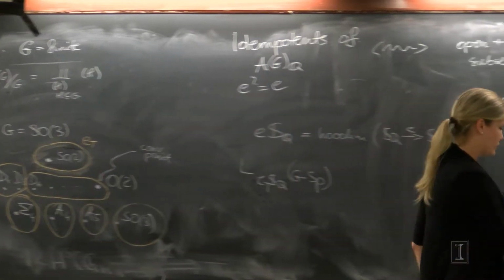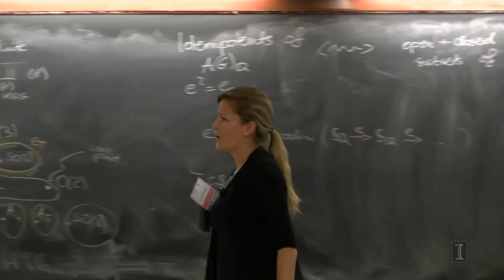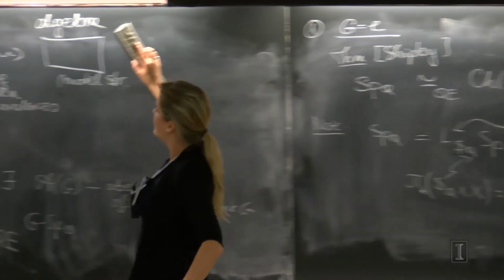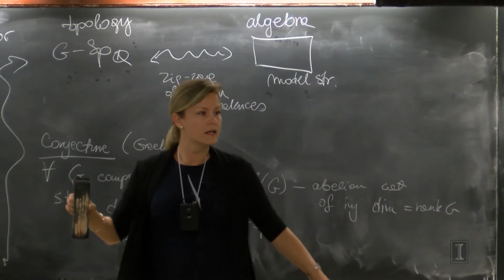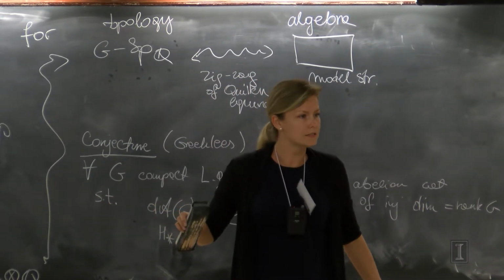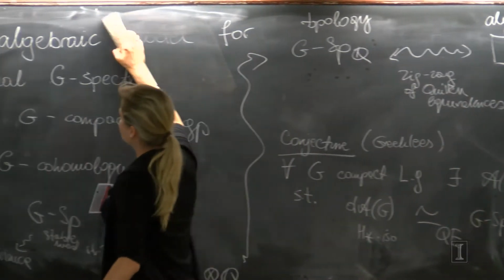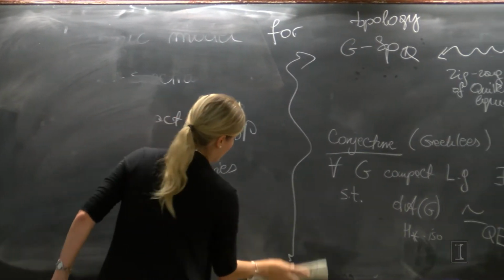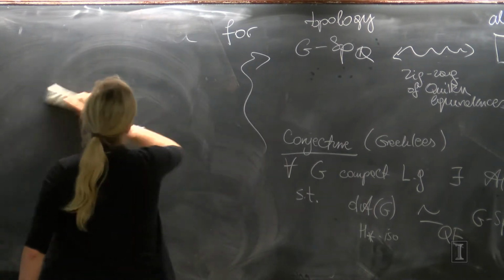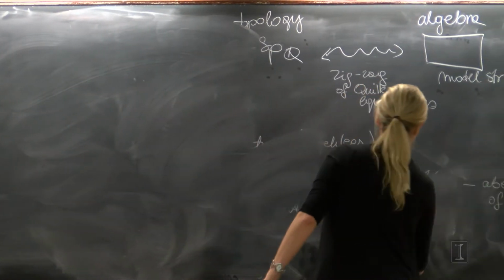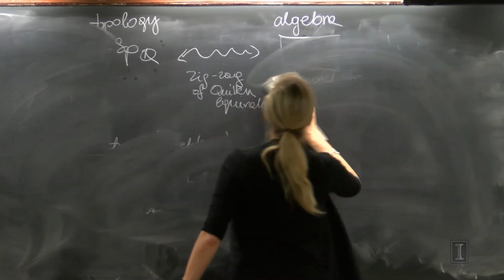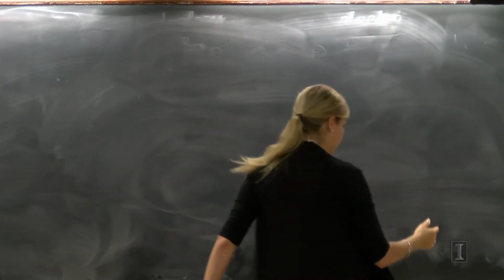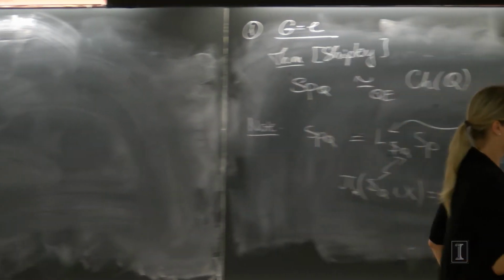So now let me tell you, why did we talk about this? Why did I tell you about this? Well, every time I'm going to have an idempotent of the rational Burnside ring, we know that the idempotent splits the homotopy category.